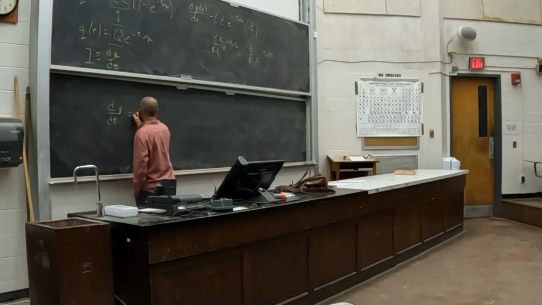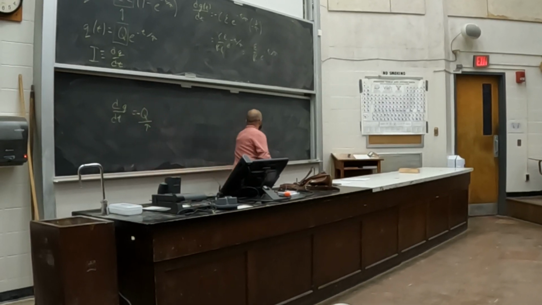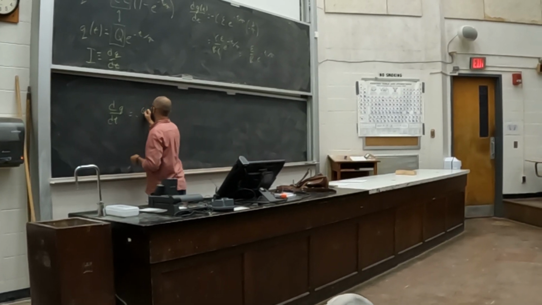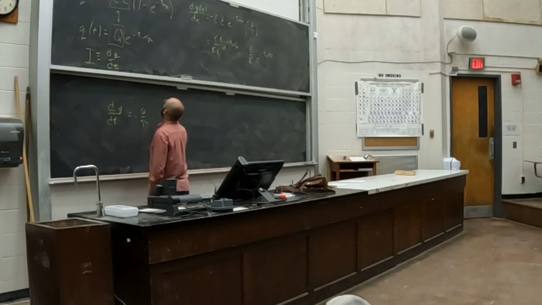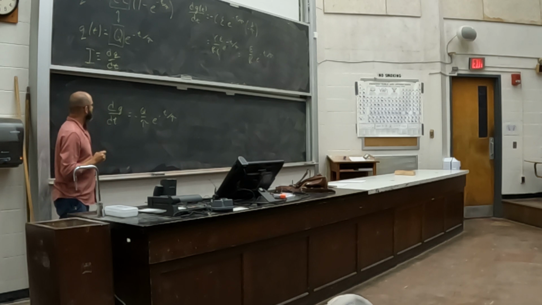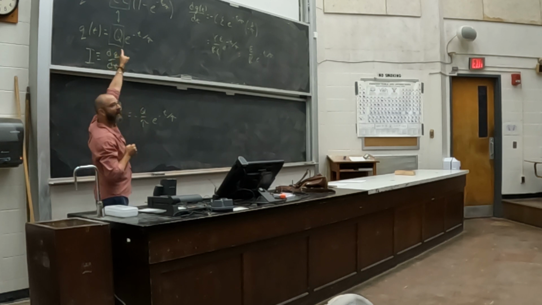I'm going to get negative Q over tau, e to the minus t over tau. All right, let's unpack some terms here. The total charge is given by C times EMF from that other expression.